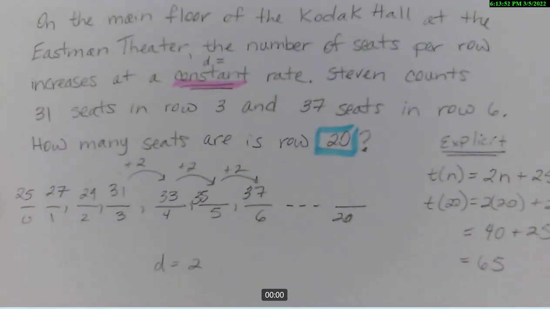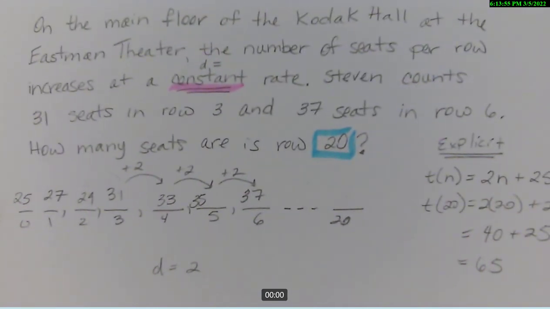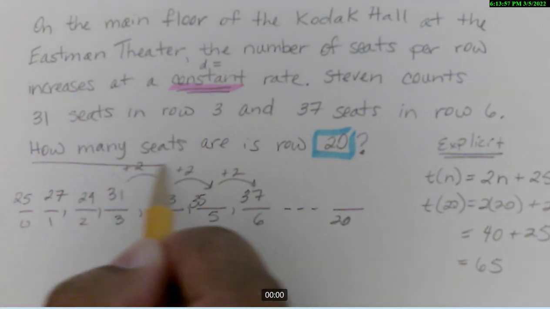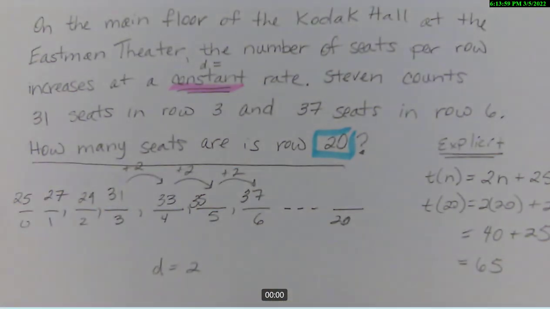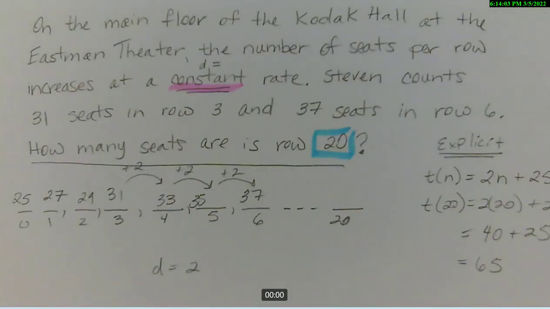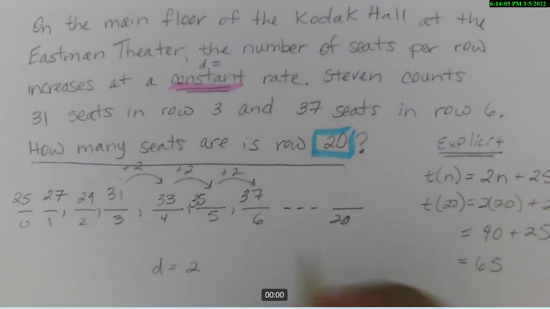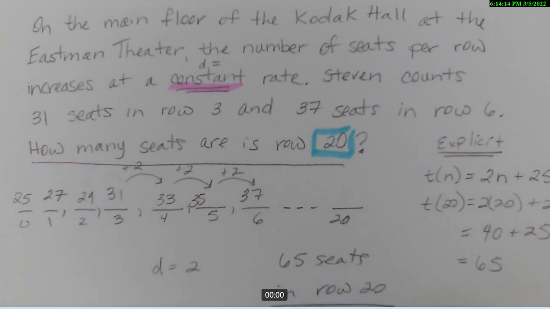So all of this hullabaloo just to get how many seats are in row 20. There are 65 seats in row 20.